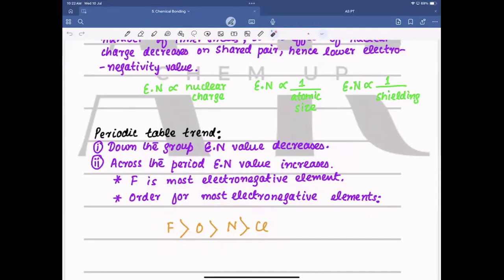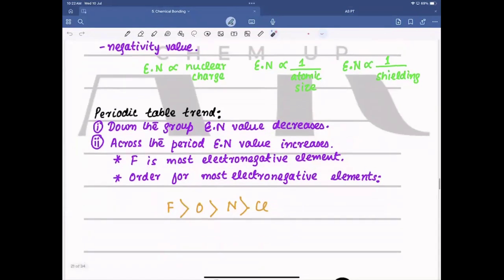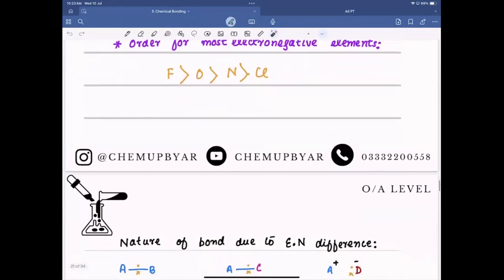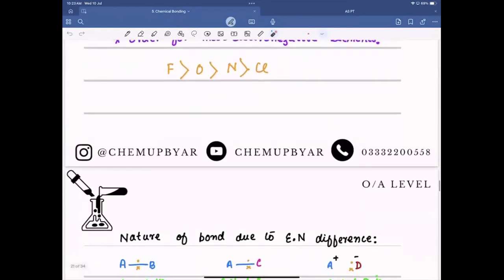Till here, is this clear? Yes, sir. Okay. Great. Now, how does electronegativity difference affect the nature of bond? That is very important to understand. Look at three cases.